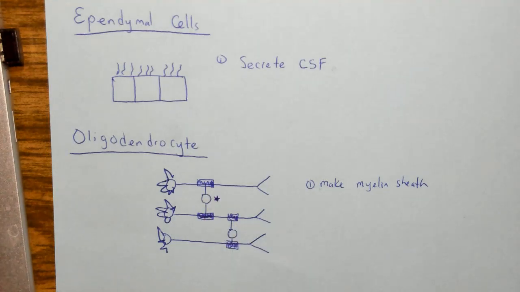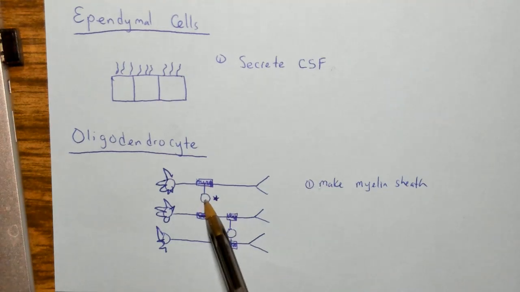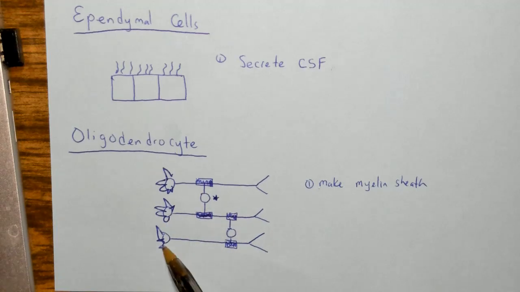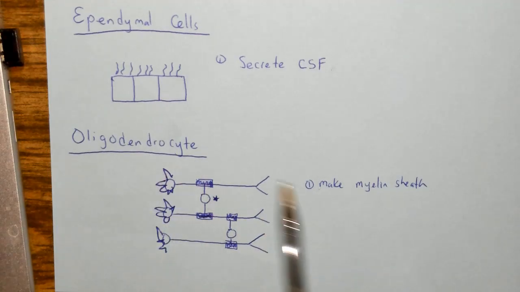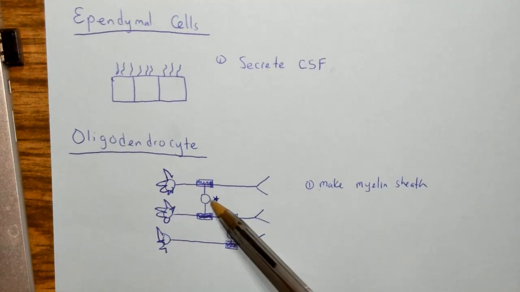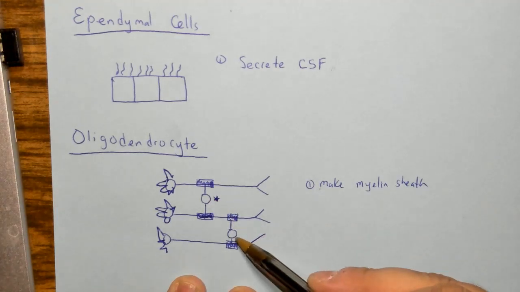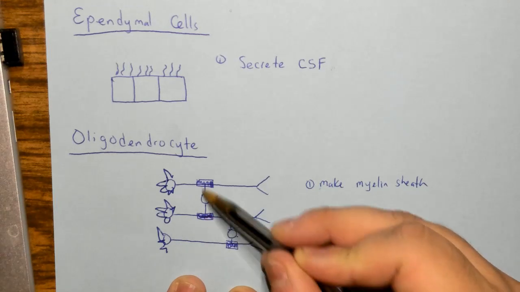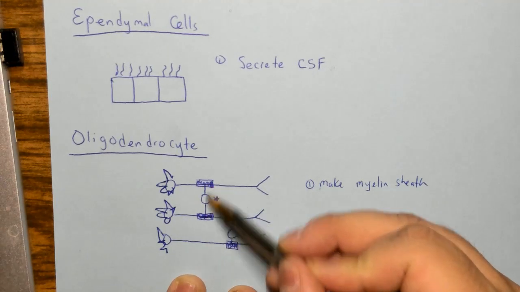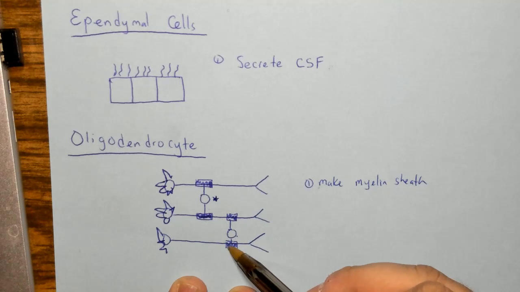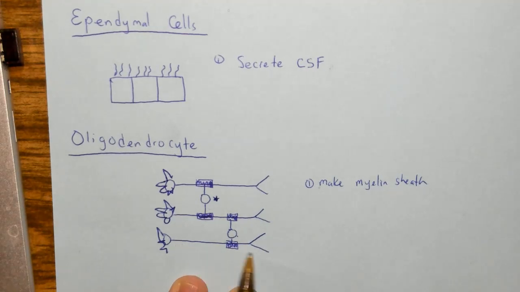This is a neuron, that's a neuron, that's a neuron. What the oligodendrocyte does is make the myelin sheath on the axon. So this is the cell, that's the myelin sheath. Sorry, my drawing's bad. This is the axon, and then these are your dendrites with the cell body.